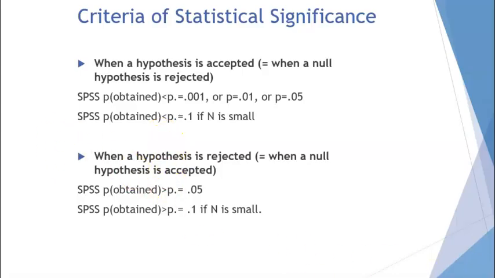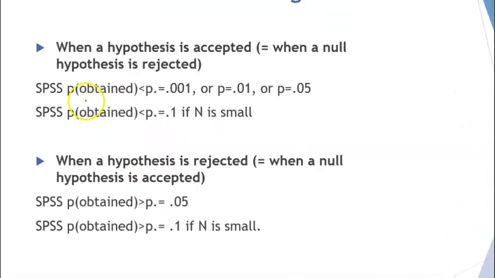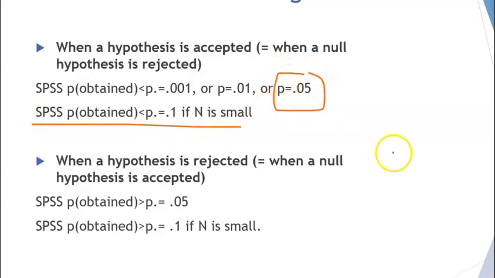So in this slide, normally this is what we should obtain. If it is 0.001 or 0.01, of course that is much less than 0.05, that is fine. However, when the n is small, if your sample size is really very small, sometimes you can allow until 0.1.